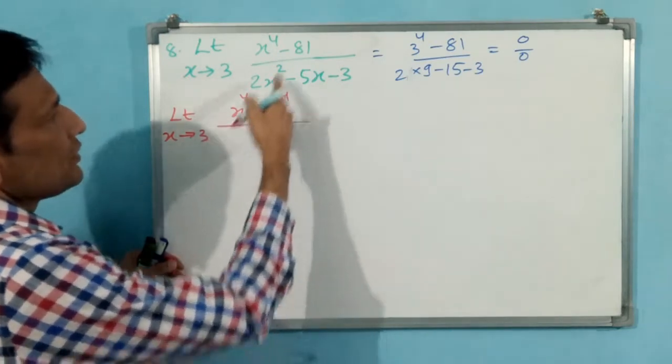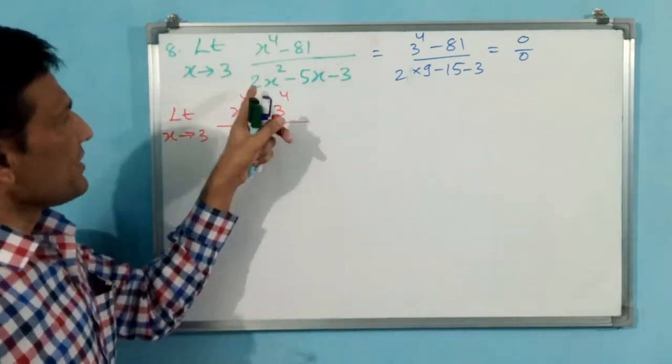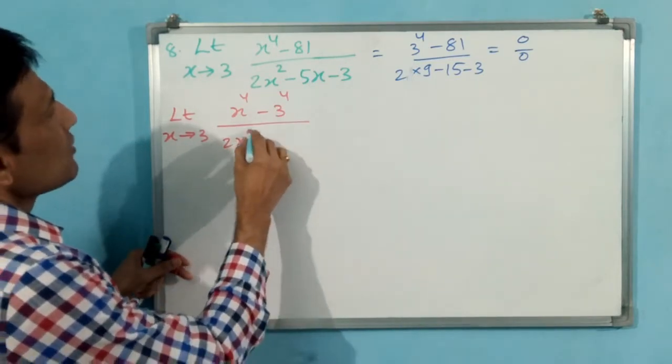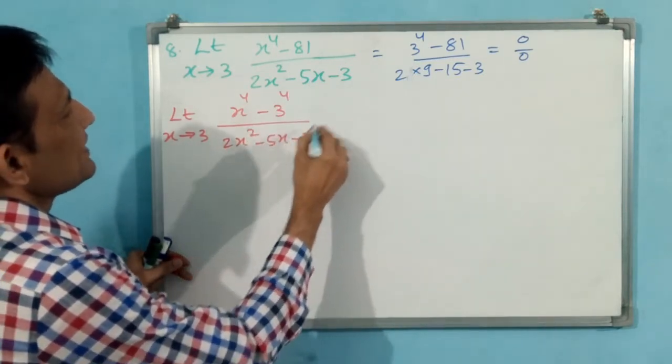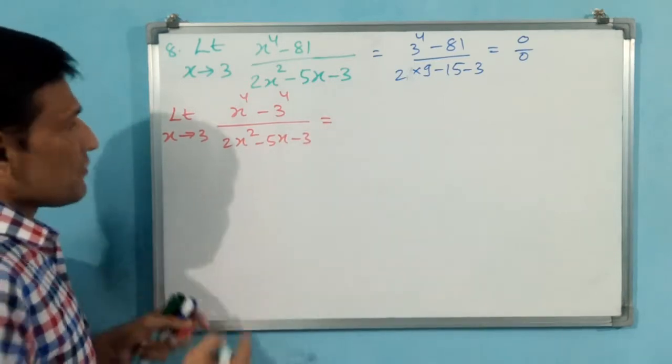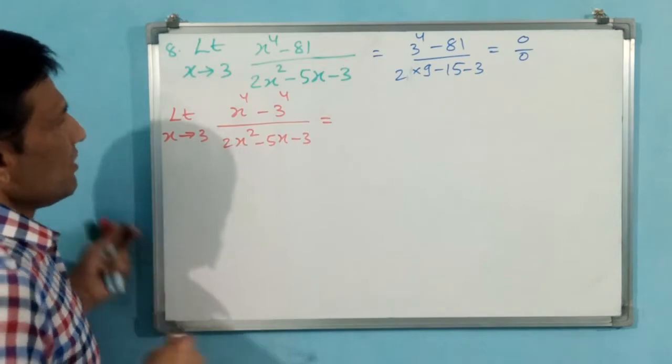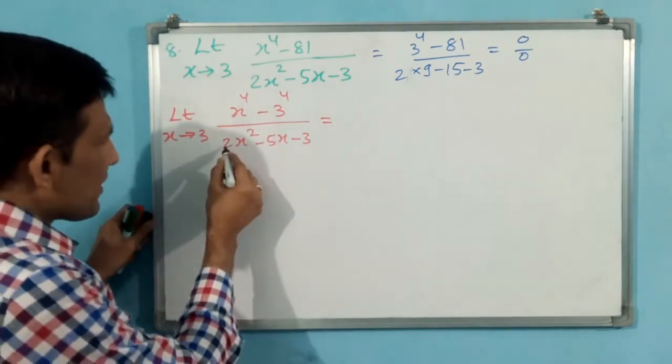In the denominator, 2x square minus 5x minus 3, in the next step we will do this. Numerator I am not changing, but I will factorize the denominator.